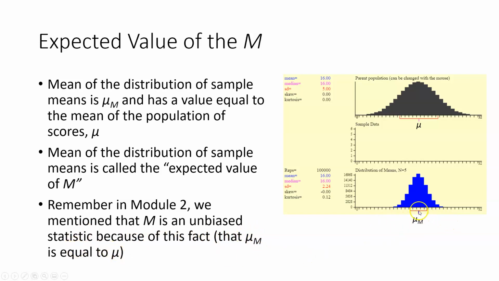So because on average, the expected value of the mean is equal to mu, we can say that computing the mean is an unbiased statistic. Whereas if we compute the standard deviation, it is not equal to the population standard deviation unless we make a correction. So the standard deviation is a biased statistic.